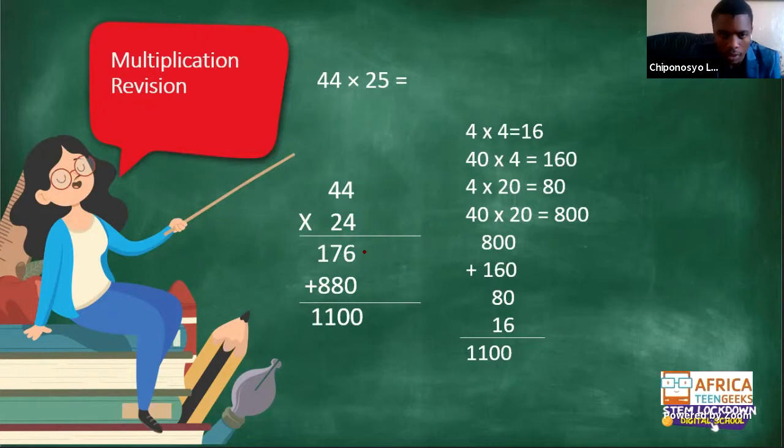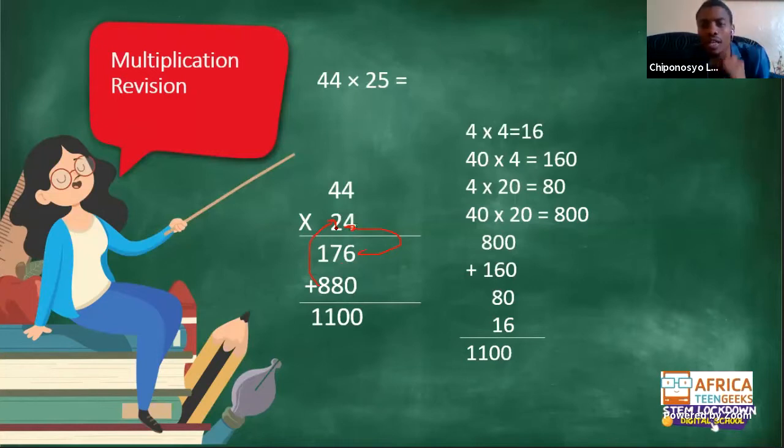Your first line here is the result of multiplying with the 4. Your second line here is the result of multiplying with the 20. So your top line comes from this side. This one comes from that side.